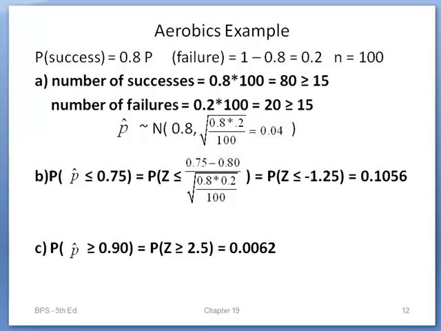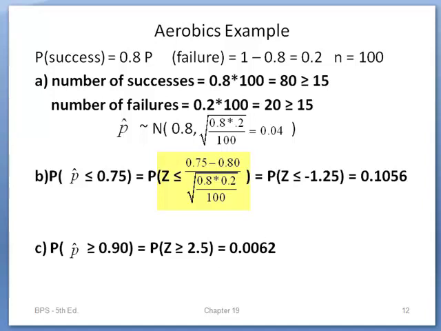So now we actually have our normal distribution. We know what the mean and the standard deviation is. Now we can answer the questions. What's the probability that we'd have no more than 75% female? Well, that translates to the probability that p-hat is less than 0.75. We've got to standardize our p-hat, which we're doing right here. We take our 0.75, which is our data value, minus the mean of the distribution divided by the standard error.